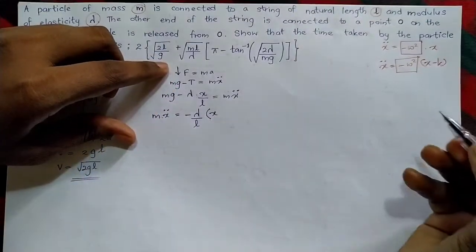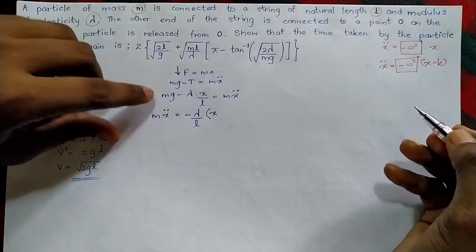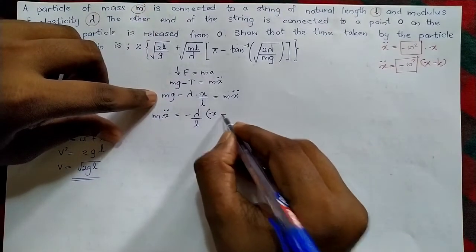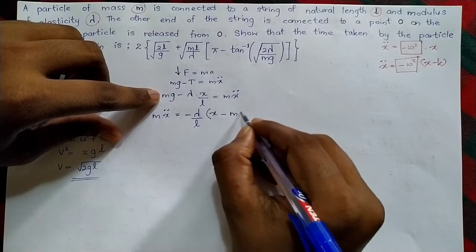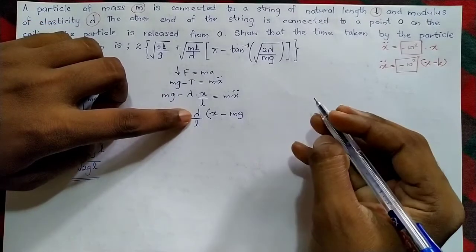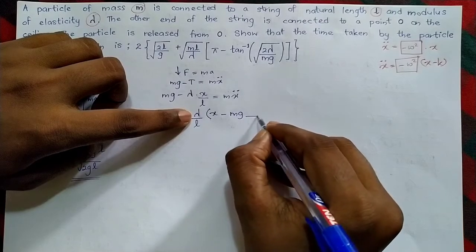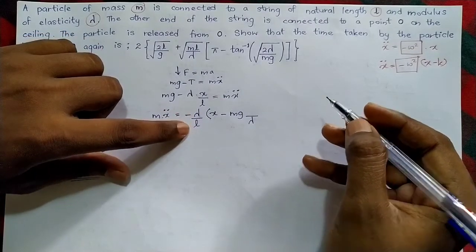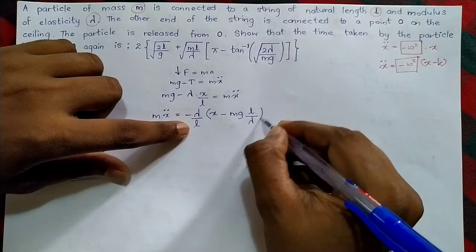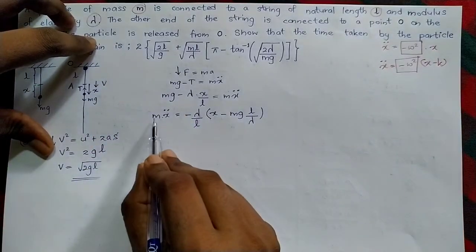Inside the bracket I am having x. Then here, since this is plus, I have to put minus. We have mg here, but we didn't have lambda in numerator, so I have to divide that. And we didn't have L in denominator, I have to multiply.